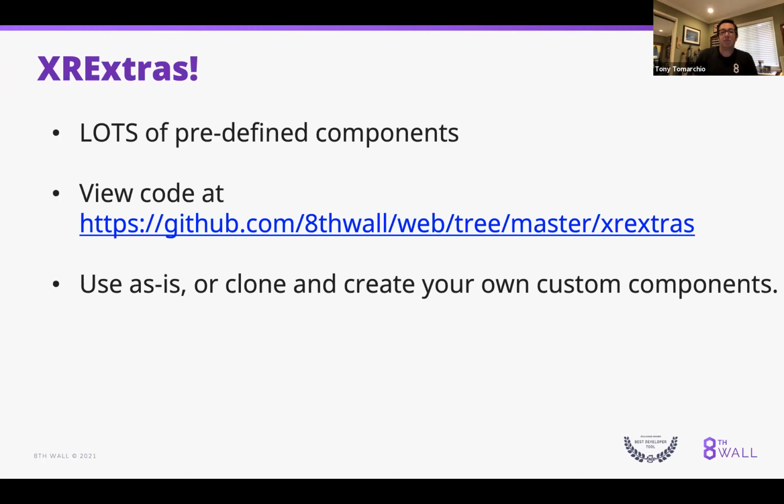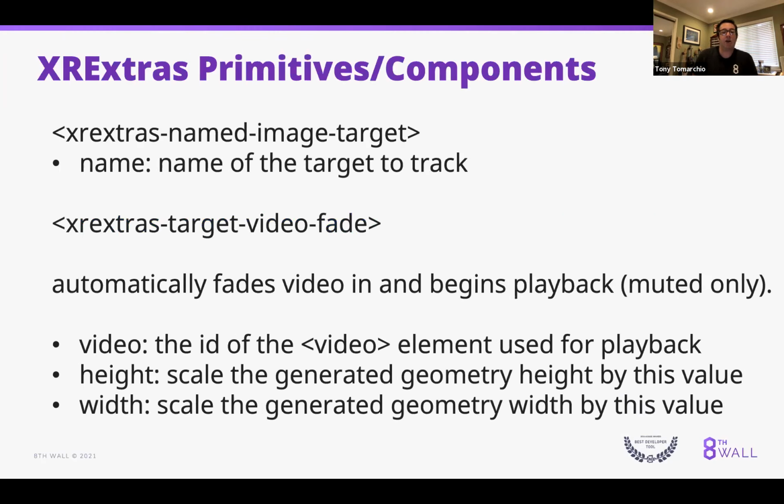Okay. So some of the primitives and components that are related to our topic here today, the most common one is one you've probably seen called XRExtras named image target. So this does exactly that. So you pass it the name of an image target as you've defined it, as you've uploaded it to your 8th Wall project.